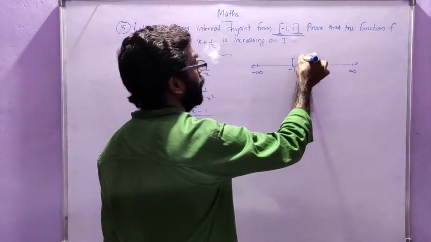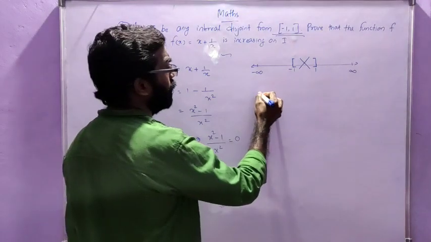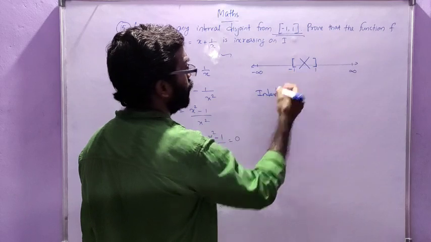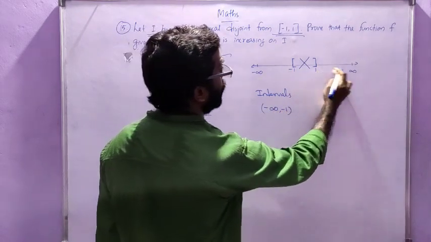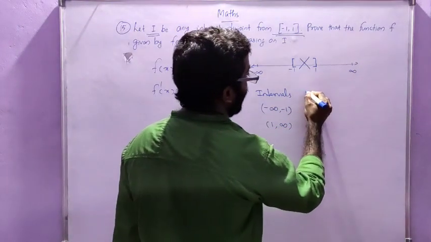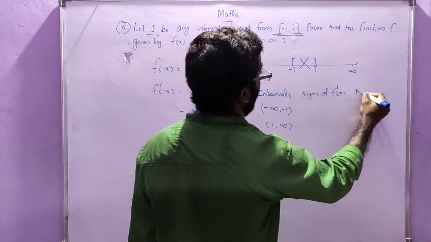So there is no need to consider this interval. We can take the intervals minus infinity to minus 1, and 1 to infinity. Okay, and the sign of f dash of x, then the nature of f.